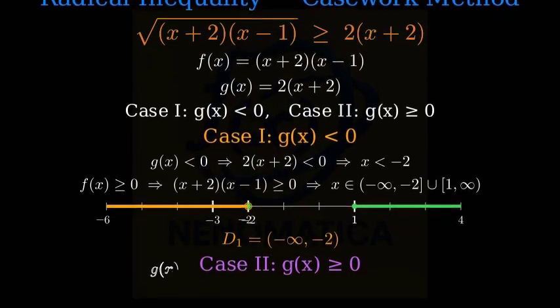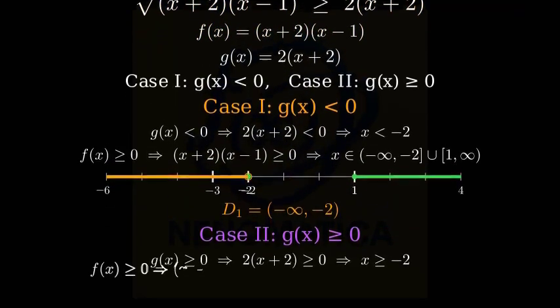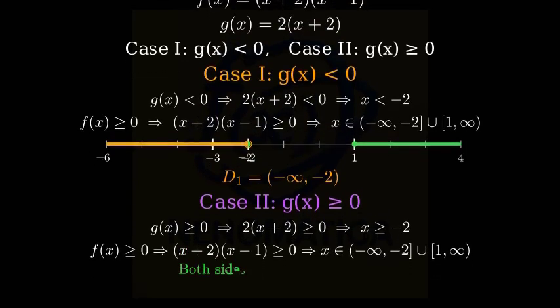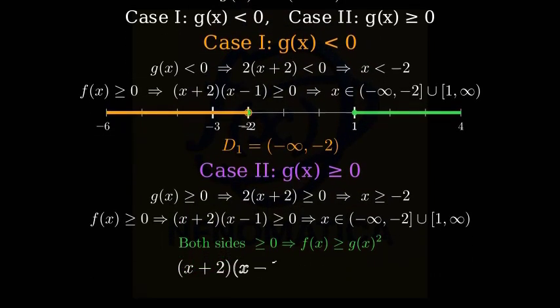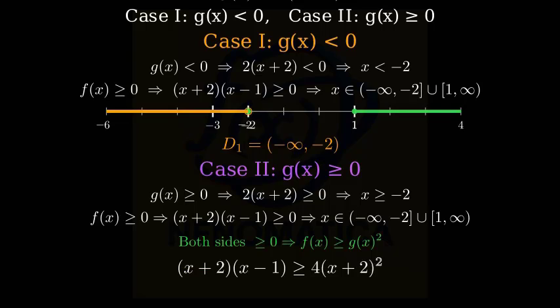Case 2. If g of x is at least 0, then x is at least negative 2. Again, the radicand must be at least 0. Because both sides are now non-negative, we can square safely: f of x ≥ g of x squared. That is (x + 2)(x - 1) ≥ 4(x + 2)².